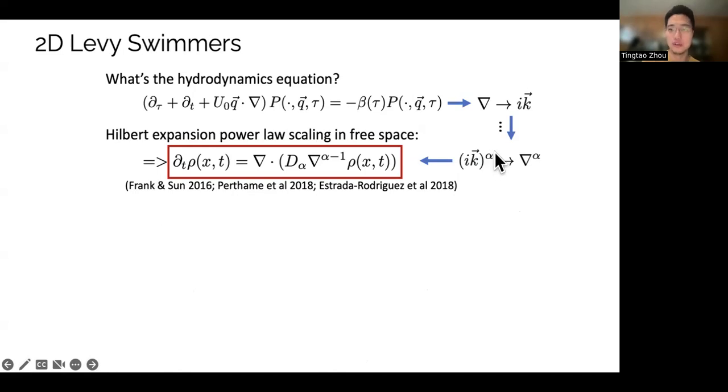So now it comes into the power law of k, and then we inverse Fourier transform back. It becomes a fractional operator in space. So yes, there is a step going from the time to the space variable, right?